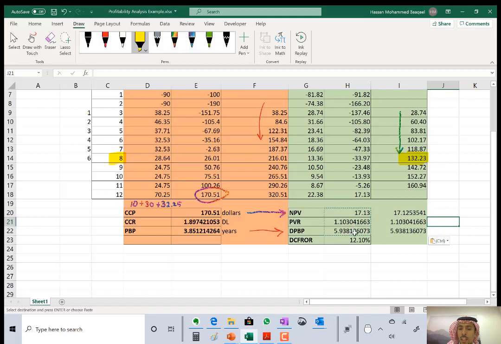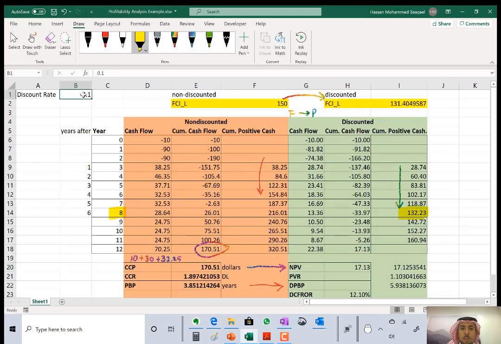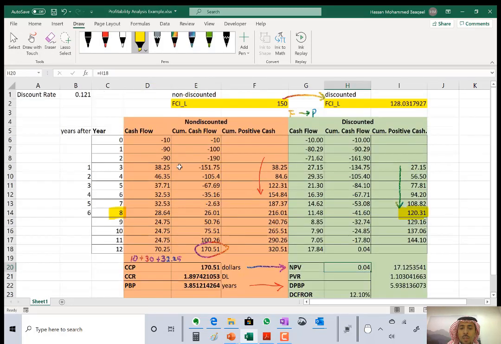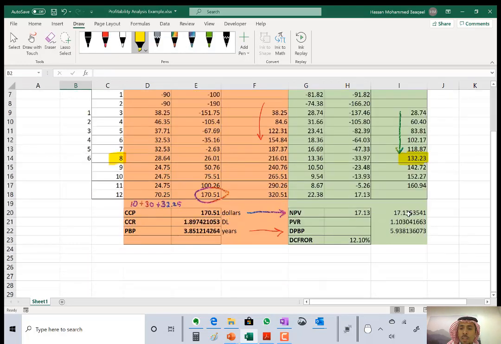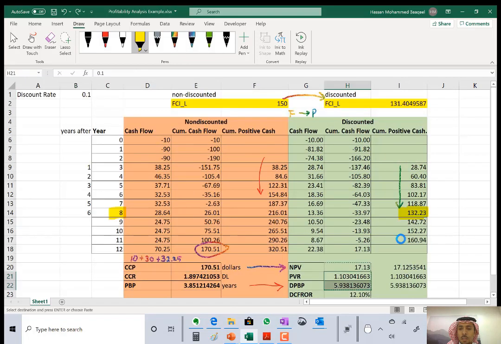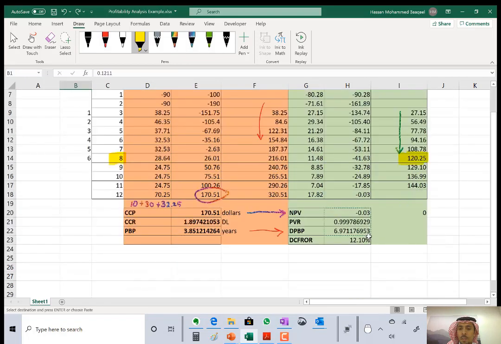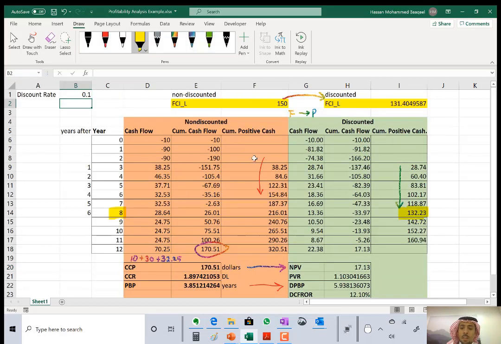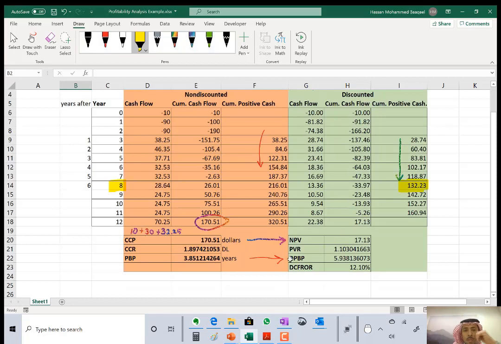So these are the correct values here, and this is the NPV that you keep iterating. So now I can start changing to 0.121, and NPV is equal to 0. All right, so let's go back to 10%, and I will take these values back here. Okay, this 0.1. These are my answers.